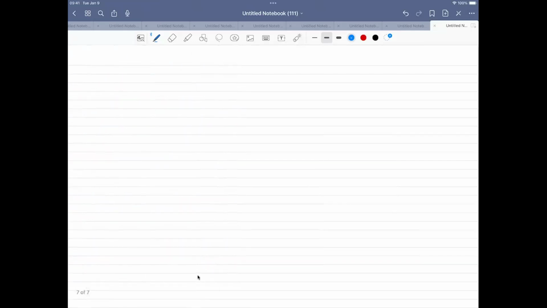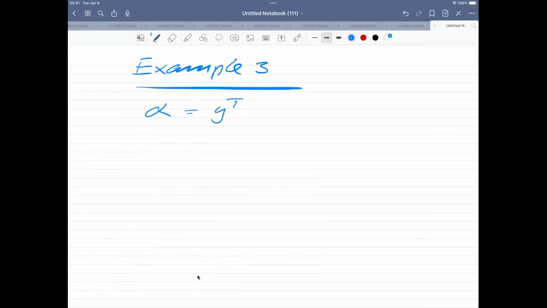So if you now take a second example, example 3 here, you could think of a new scalar, and let's just call this alpha, which is given by a vector y of t multiplied with a matrix A times a vector x. So we're assuming again that alpha is a scalar.